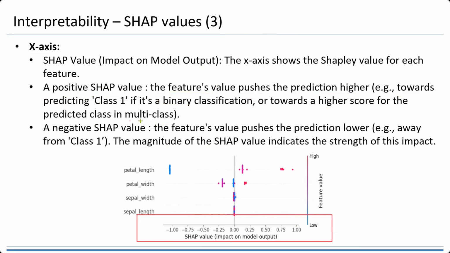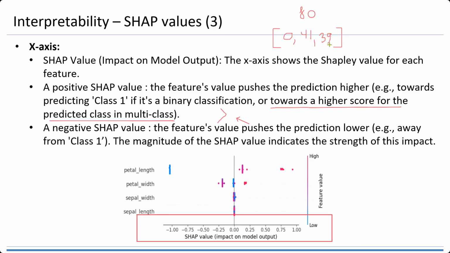However, if we have multiclass, meaning more than 2 classes, more than 2 values on the label, then we need to look toward a higher score for the predicted class. So there will be some score. If you look at the decision tree, among 80 samples, we have, for example, 0, 41, and 39.